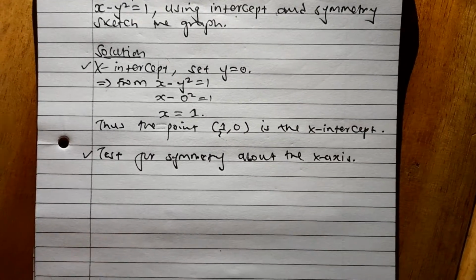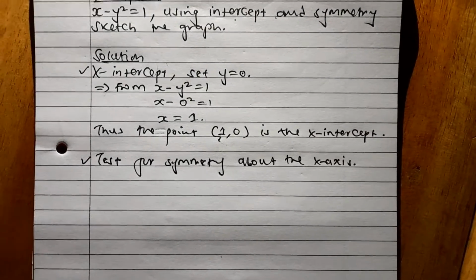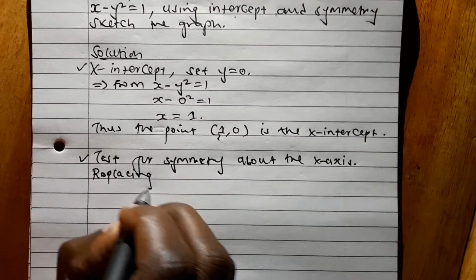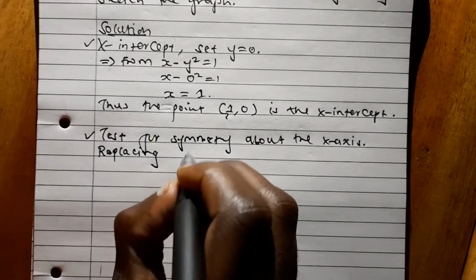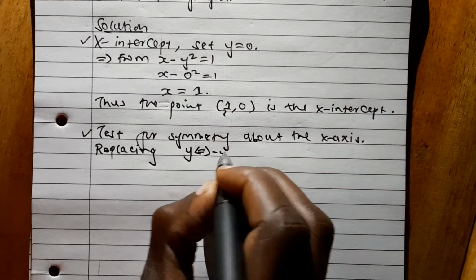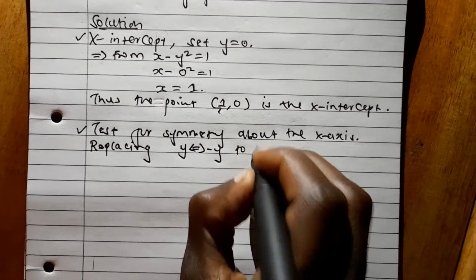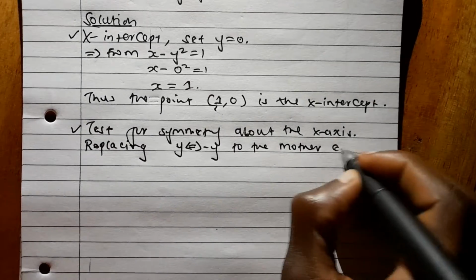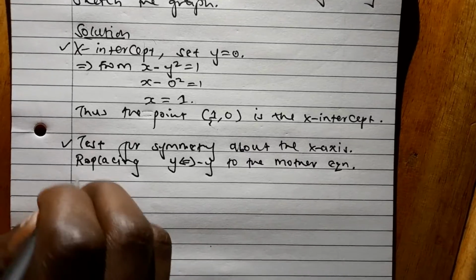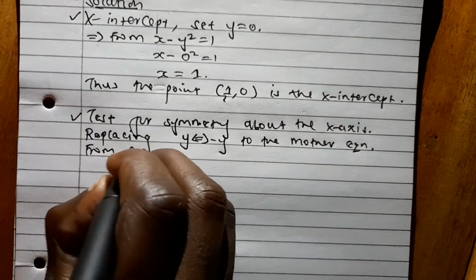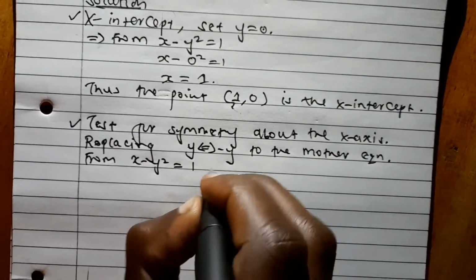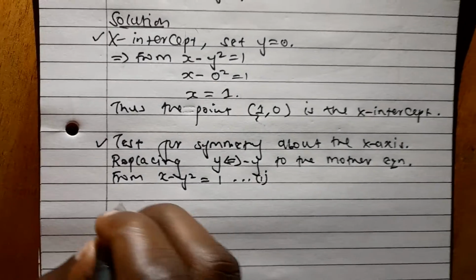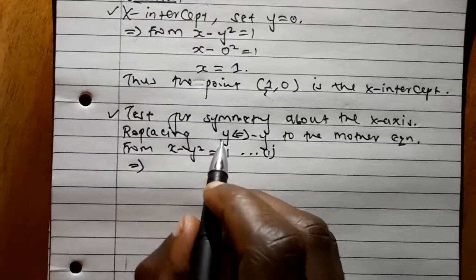When we want to test for symmetry with respect to the x-axis, we replace y with negative y in the mother function. From the mother function, x minus y squared is equal to 1, which I can call Roman 1, we replace y with negative y.